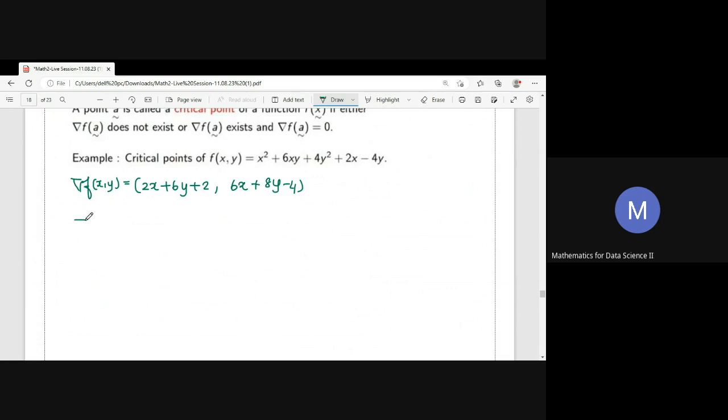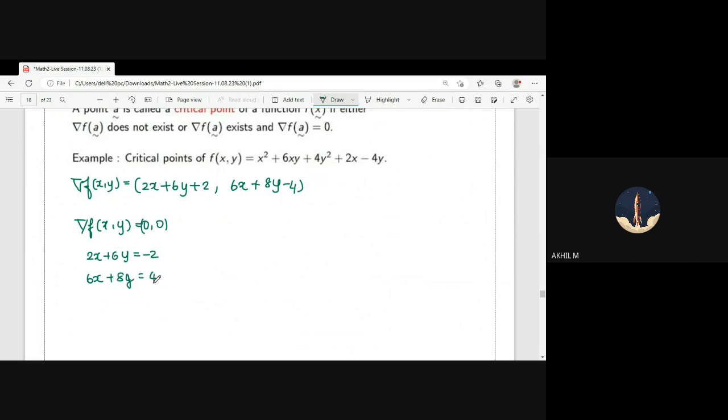Now we want to equate del f of x comma y to 0. If you equate it to the 0 vector, what equations do you get? 2x plus 6y plus 2 equal to 0, so 2x plus 6y equals minus 2, and 6x plus 8y equal to 4.